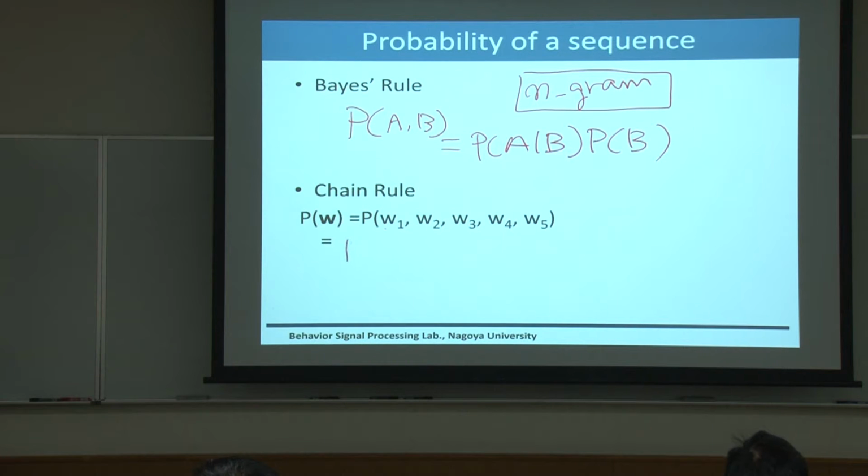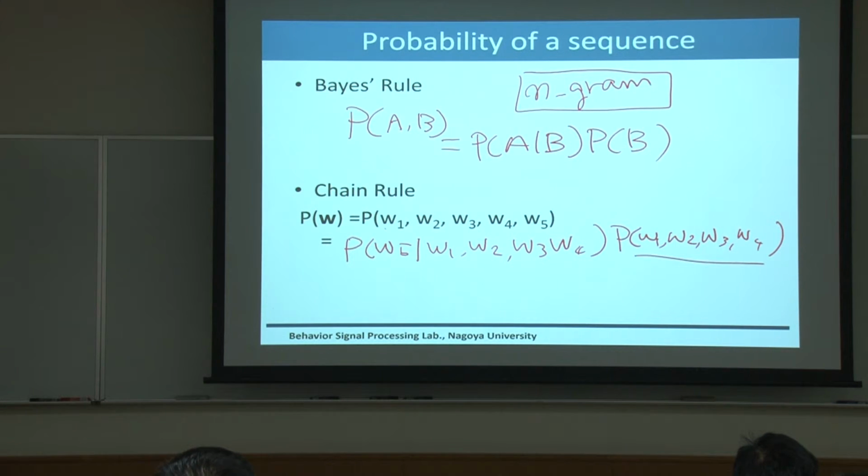So we can rewrite based on the Bayes rule. This probability can be represented by P(W1, W2, W3, W4) times the probability of calculating W5 conditioned on W1, W2, W3, and W4.